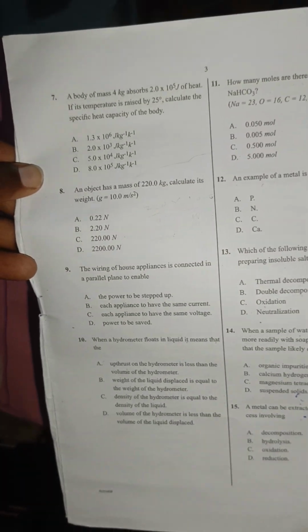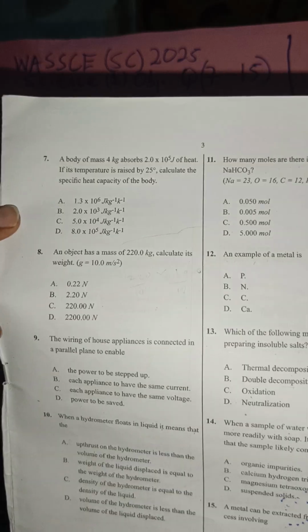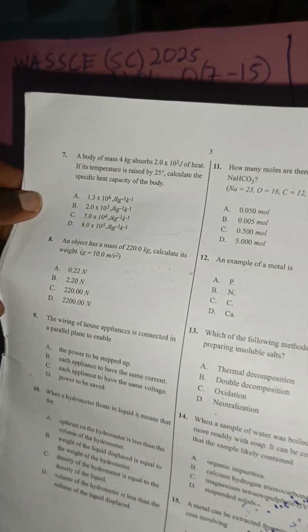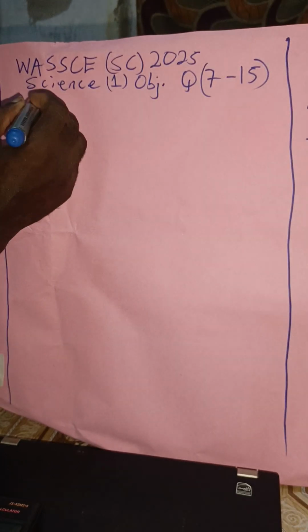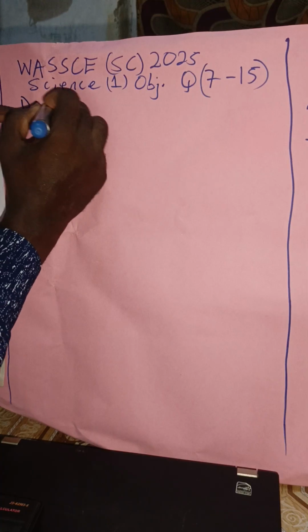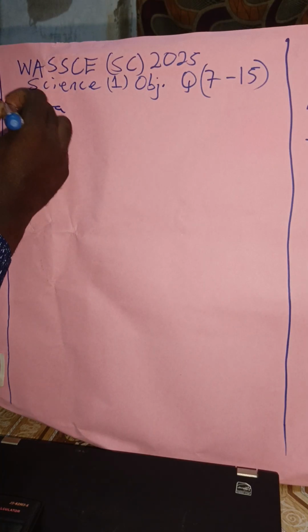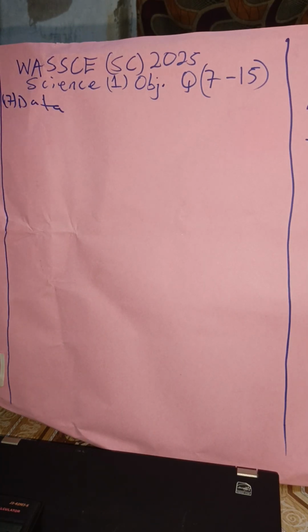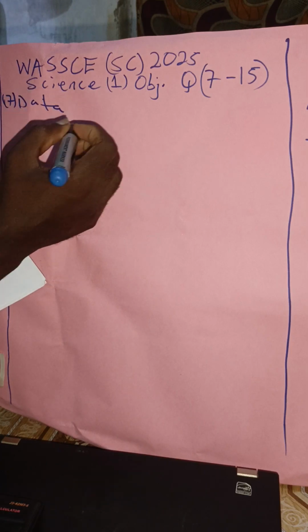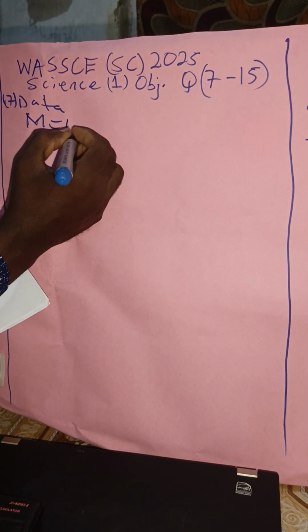Now, looking at the question, let us collect the data quickly. A body of mass 4 kg. What is given here? We collect the data. Mass is given. This is question 7. Mass is 4 kg, as we have seen.